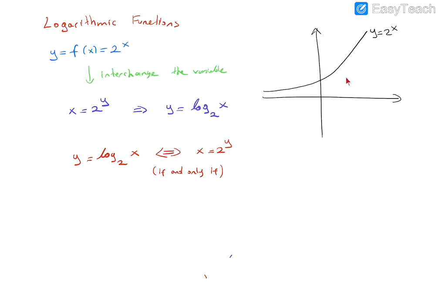So, for example, 2 to the power 3 is 8, so this point has x equal to 3 and y equal to 8. So (3, 8) satisfies the exponential equation, and (8, 3), where x is 8 and y is 3, satisfies the logarithmic one. Okay, let's show that point (8, 3) somewhere here.